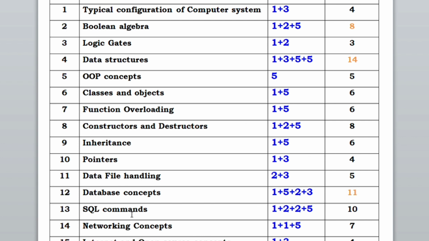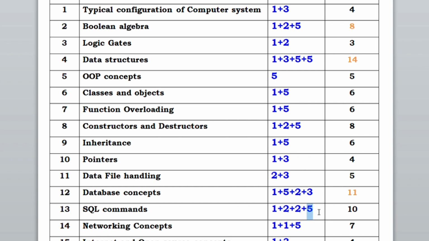SQL commands, you have 1 plus 2 plus 2 plus 5. So you have 1 MCQ, a 2-marks question, and another 2-marks question. So it is 4. So you will find 2 questions of 2 marks and 1 of 5 marks, which is the HOTS question, that is higher order thinking. And even here, in classes and objects, it is a higher order thinking 5-marks question only.